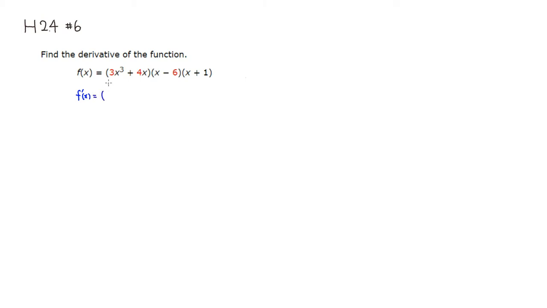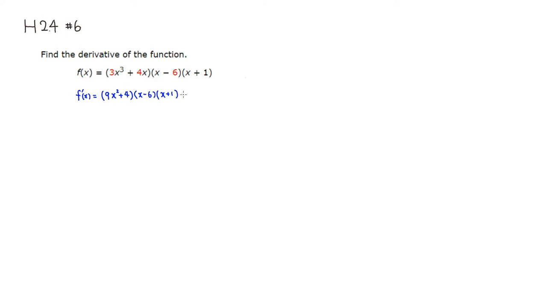We take the derivative of the first guy, so it's going to be 9x squared plus 4, right? Then we leave the other two alone, so you have x minus 6 times x plus 1.